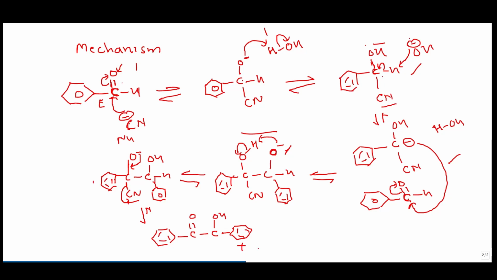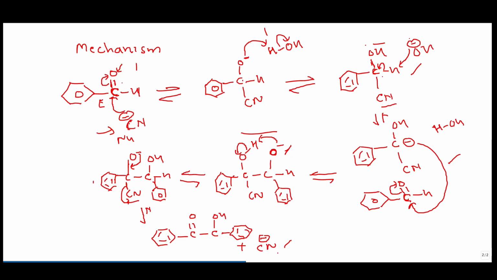So, you will generate a cyanide ion here in the last step. See, cyanide ion is entering in the first step and it is leaving in the last step. So, cyanide ion is acting as a catalyst. Generally, catalysts are not consumed in the reaction.